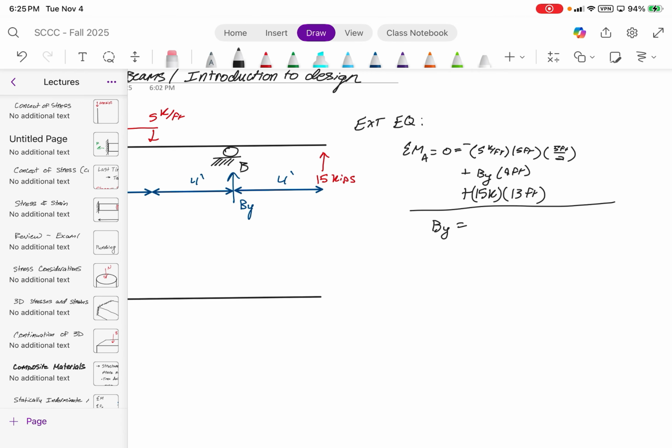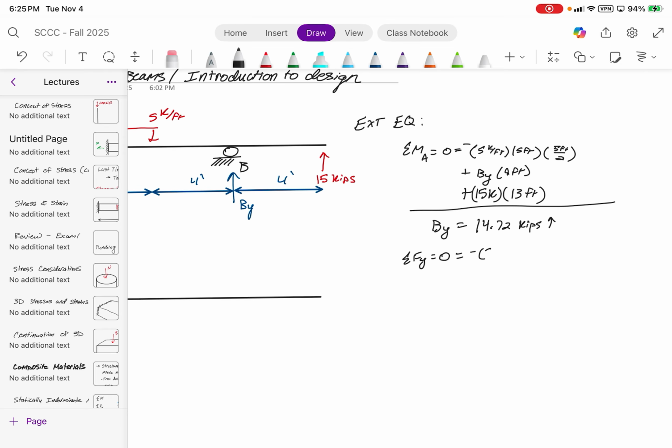Solving for this, you should get By is 14.72 kips moving upwards. Everyone got that? Hope so. From here, you do sum of the forces in the y direction equals 0.